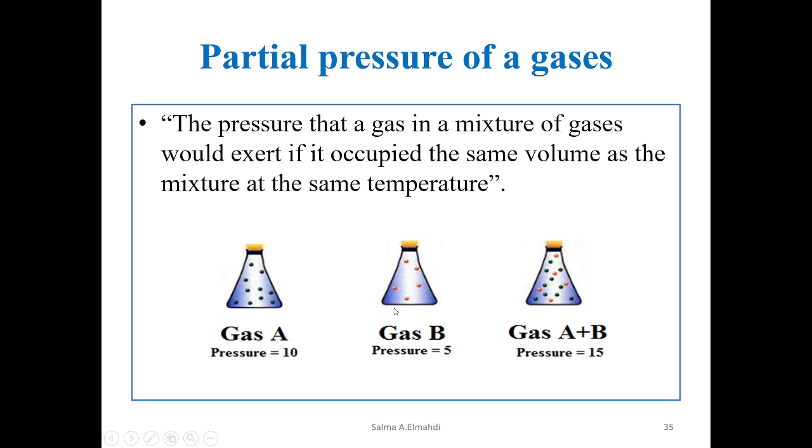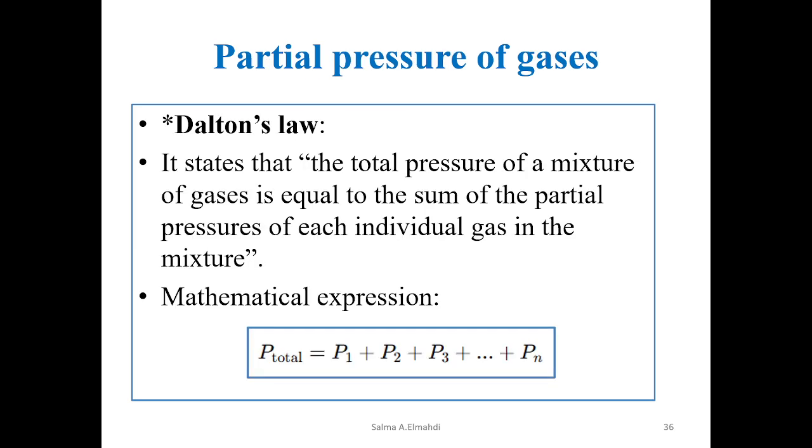If gas B occupies the same volume, its pressure is 5. If they are in a mixture, the partial pressure of each will be represented in the mixture, so the total will be 15, whereas 5 is the partial pressure of gas B, and 10 is the partial pressure of gas A.